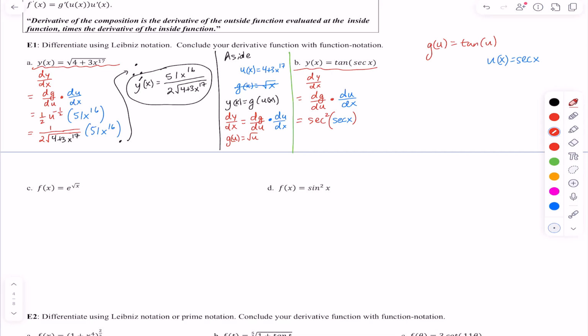So that is the derivative of the outside function evaluated at the inside function. Now I got to multiply by the derivative of the inside function, which is that. We're going to go ahead and finish this with prime notation.